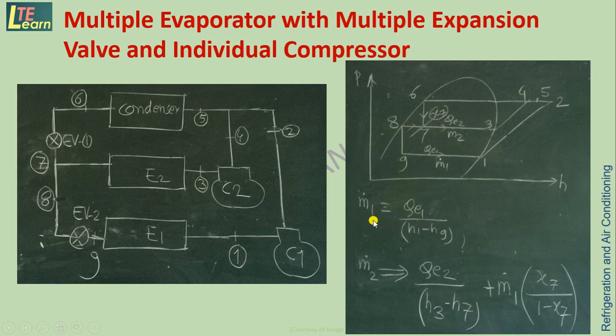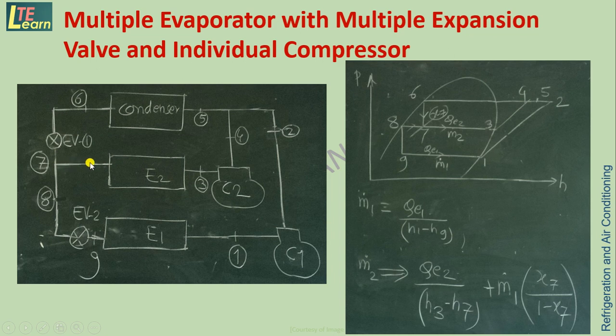Now to find a formula for mass flow rate, take M1 dot, mass flow rate passing through first evaporator. So QE1, its capacity, divided by enthalpy difference of first evaporator, H1 minus H9. Now M2 dot means mass flow rate passing through this evaporator, but this mass flow rate is coming from the main supply, so it is diverted.